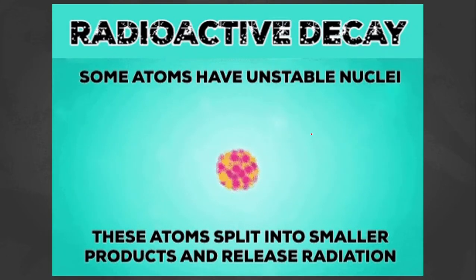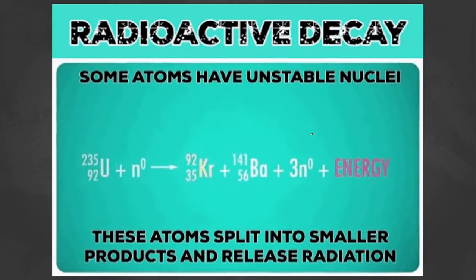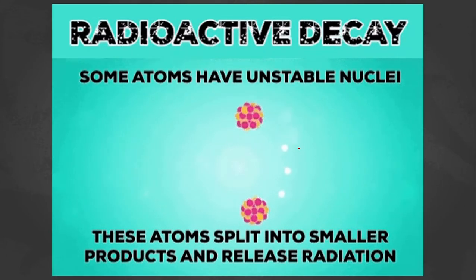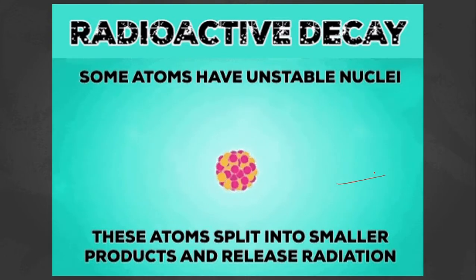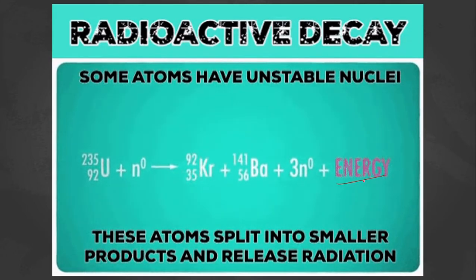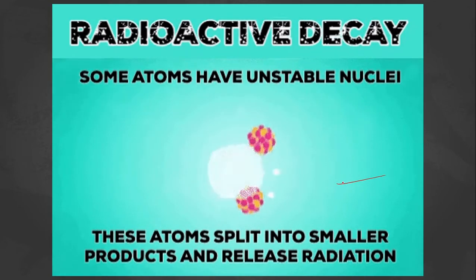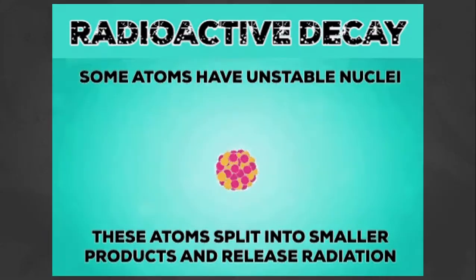And because of this instability, sometimes yung nucleus nila nagbe-break to produce mas maliliit pa na particles and energy. Yung mga pinapakawalan niya na maliliit pa na particles, pwedeng electron, positron, or neutrino. At yung energy, yan yung may mga special use sa mga fields like special industries and medicine.